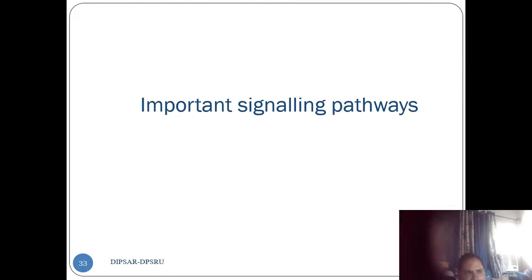So before getting into the basic concepts of the network, as I said, I request every one of you, please read about important signaling pathways with respect to your disease, the disease on which you would like to work. This is a major mistake which I found everyone of us is doing. We are not focusing on the basic concepts. There is no alternative for the basics.